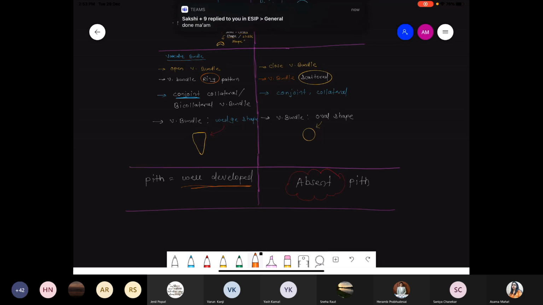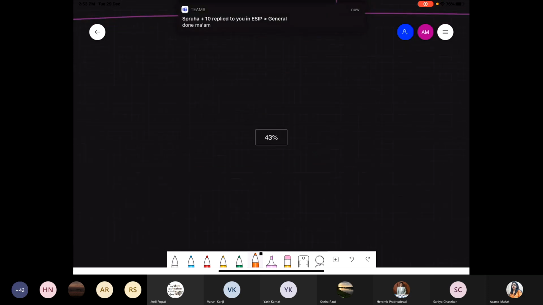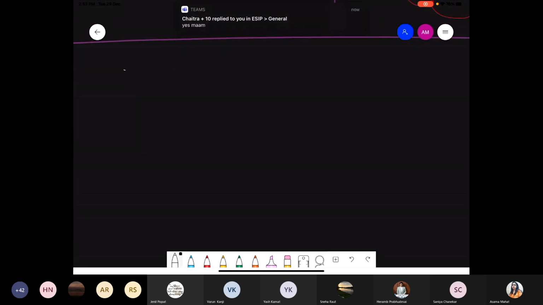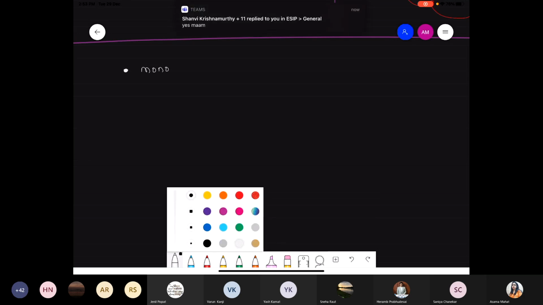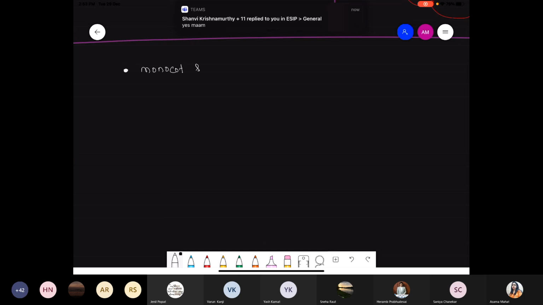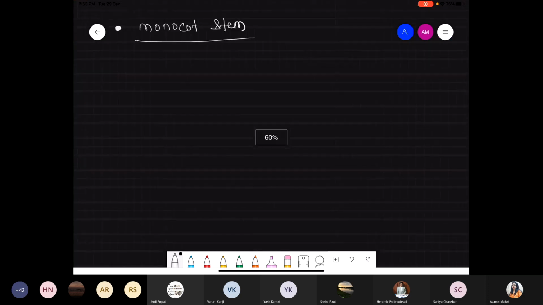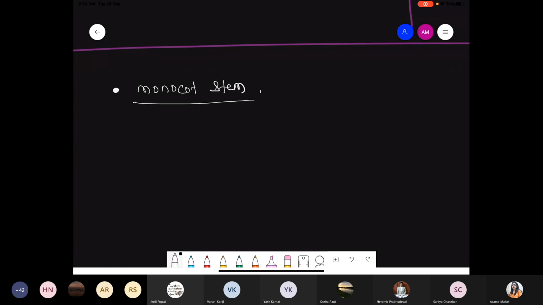Okay, chalo. So next part we are talking about two more concepts. First point, we are talking about in case of the monocot stem. So just we discussed in case of the monocot stem, now there is a presence of the water cavity.